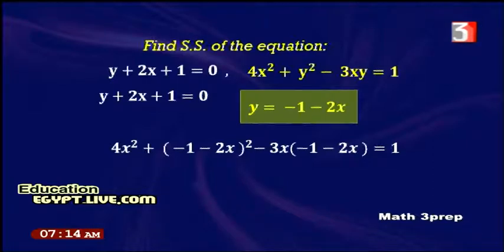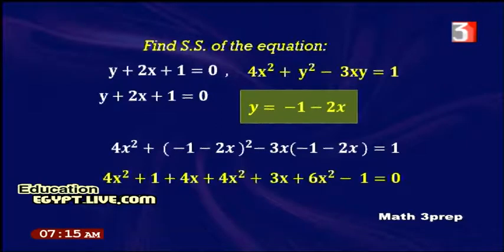By writing it in the expanded form, you are going to obtain 4x to the power of 2 plus 1 plus 4x plus 4x to the power of 2 plus 3x plus 6x to the power of 2 minus 1 equals 0. When you look carefully at such an equation, you are going to notice that there are like terms. So try to collect the like terms together.